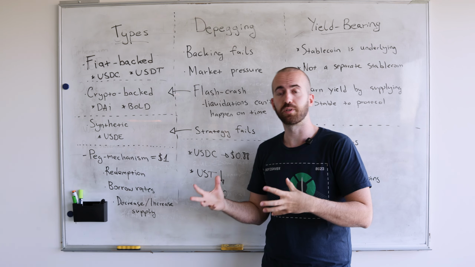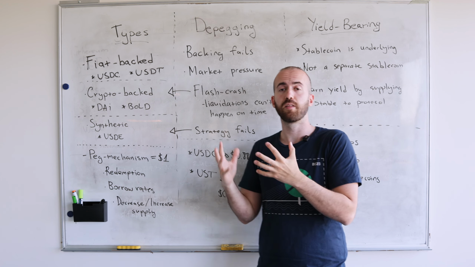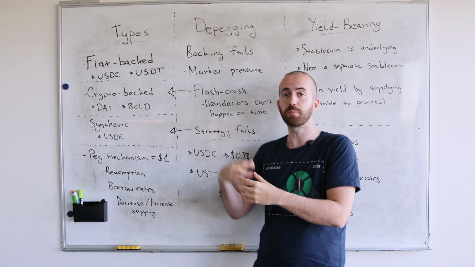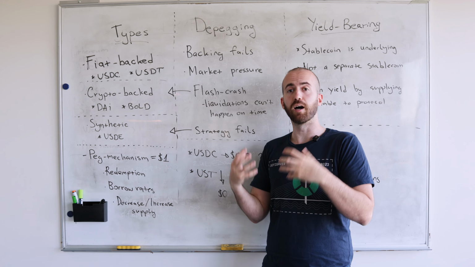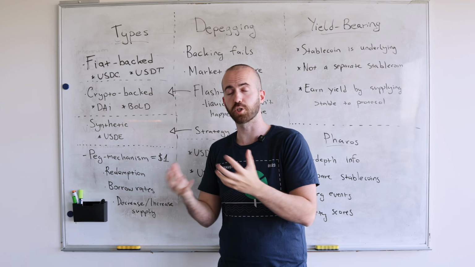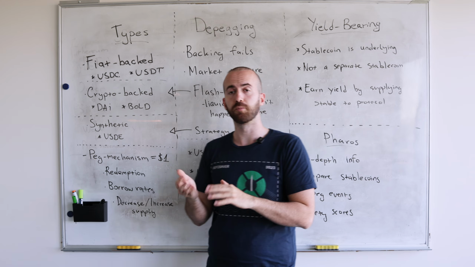So what's going to happen is it's going to become more expensive to borrow DAI. That's going to lead a lot of people to repay their debt, and that's going to lower the circulating supply of DAI. Since it's going to lower the circulating supply, the price can bump back up to $1.